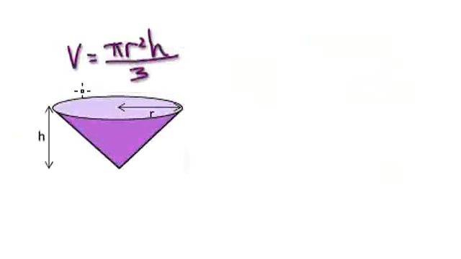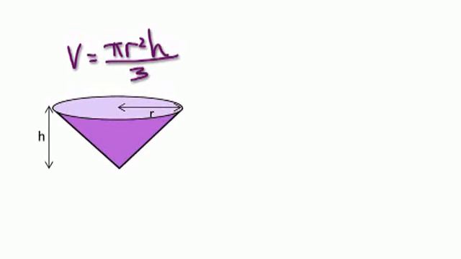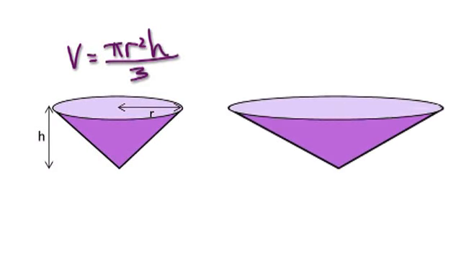So basically you've got to rearrange this. The first part of the question is: what is the relationship between the radius and the volume? Maybe the radius is proportional to, I don't know, the volume squared maybe. Your job is to come up with the relationship between r and v. The second part of the question is: what happens if we keep the height the same, but then we double the volume?